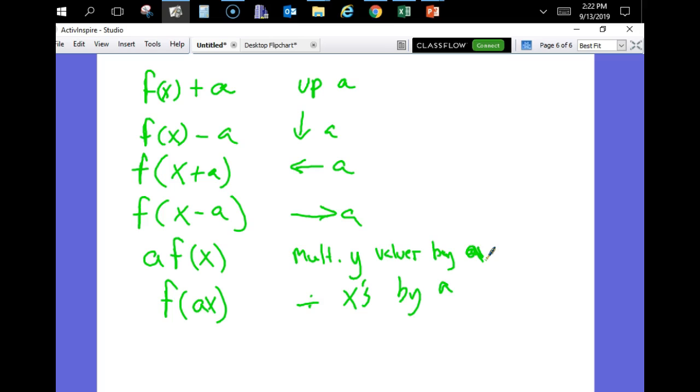All right, next one. Javier, what does this mean? That's right, it's a reflection. And when it's outside, it's a vertical reflection. So it flips the graph upside down.